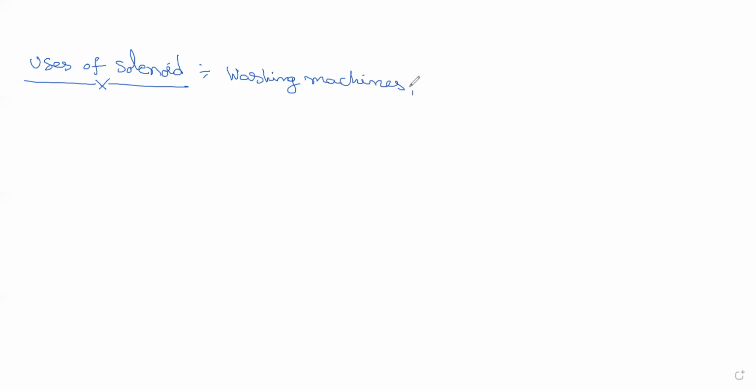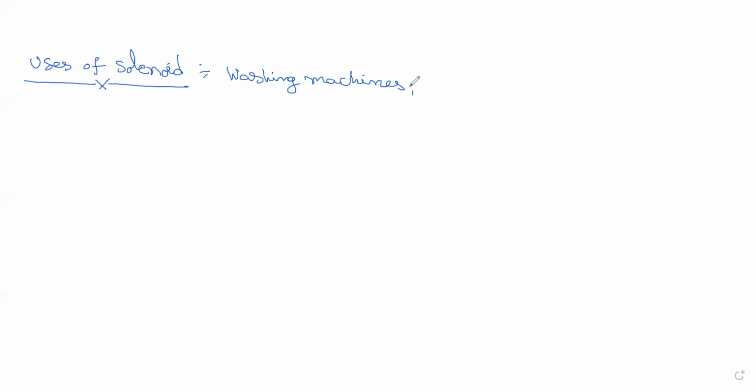So, what are the uses of solenoid? Solenoid is used in washing machines. Nowadays we have programmable washing machines.